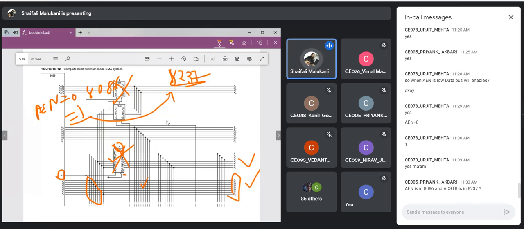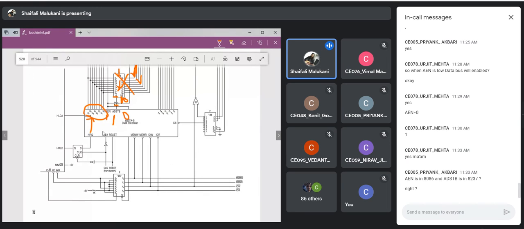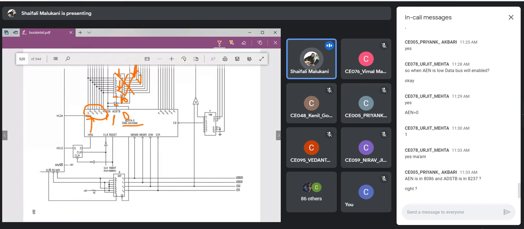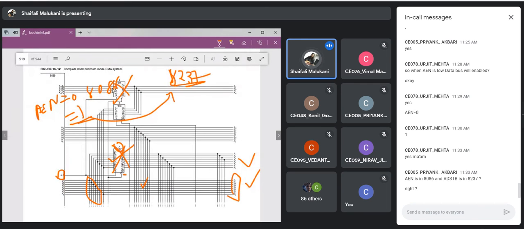No, AEN is in 8237. If AEN is 1, then this latch will be enabled and this latch will be disabled. So control of 8086 over the address lines will not be there because these latches are disabled.